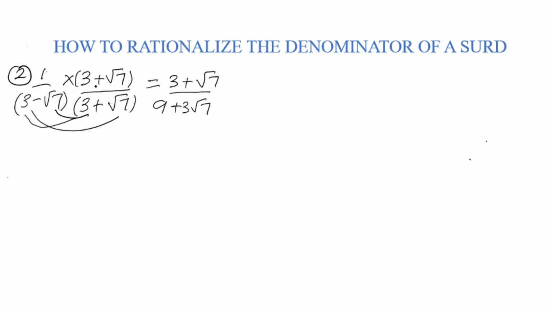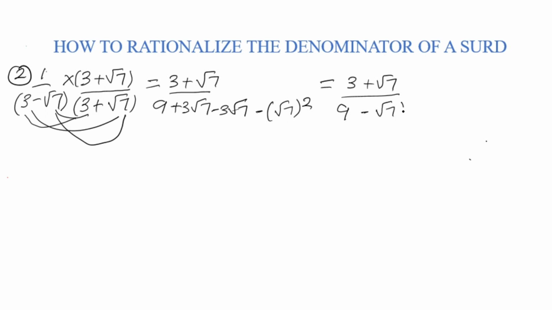Root 7 multiplying 3. That is 3 root 7. Negative, positive, negative. So minus 3 root 7. Then root 7 multiplying root 7, which is root 7 all squared. Negative, positive, negative, minus root 7 all squared, which gives us our final answer of 3 plus root 7 all divided by 9 minus root 7 all squared.